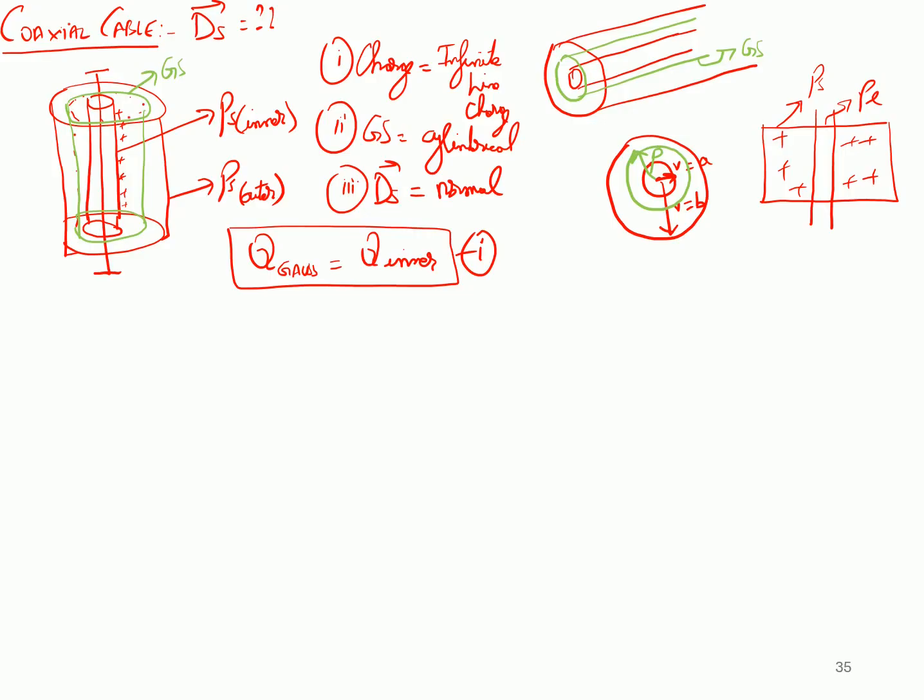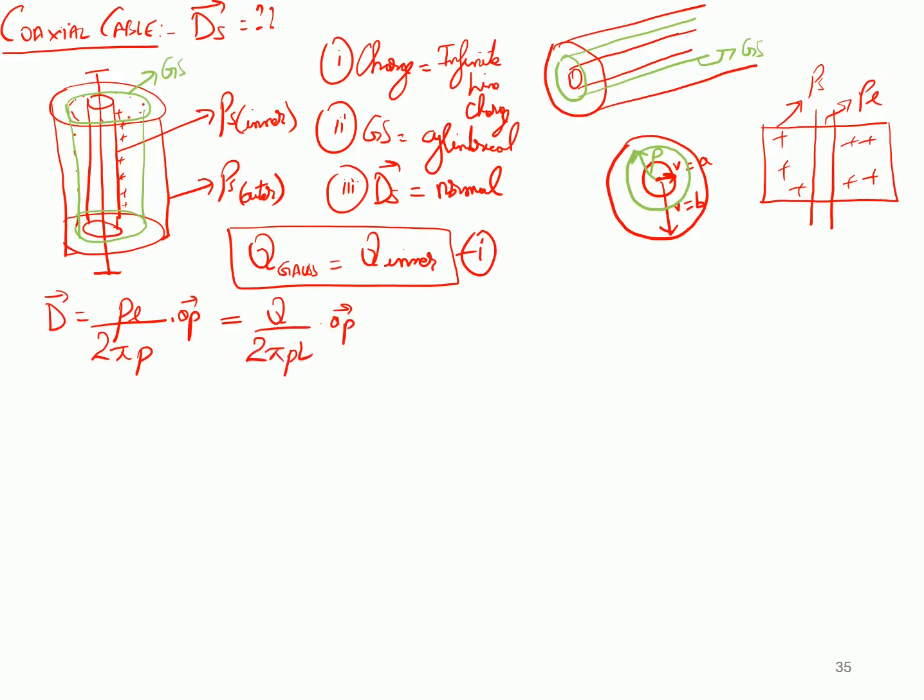Since the inner conductor is considered as a line charge, let us first see what we know about the infinite line charge. We know that the electric flux density for an infinite line charge is, let's write it first in the basic equation, the line charge distribution divided by 2 pi rho, in the unit vector a of rho. I can also represent this, if I open the value of the line charge distribution, as Q divided by rho L into a of rho.